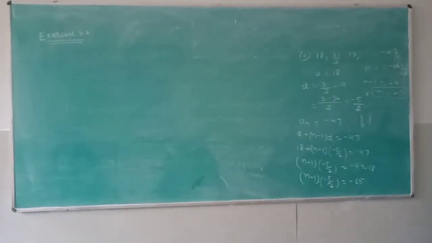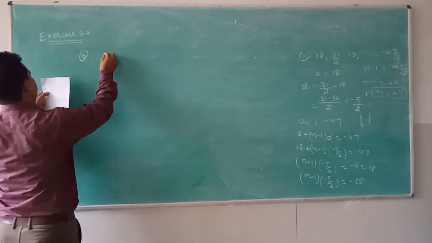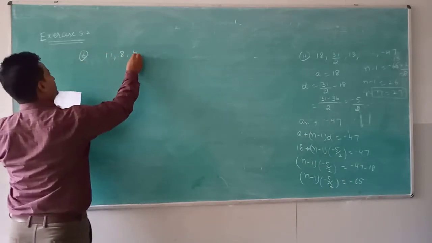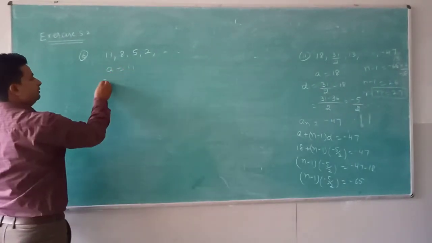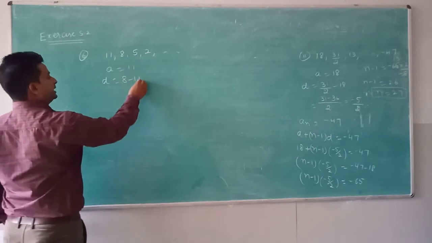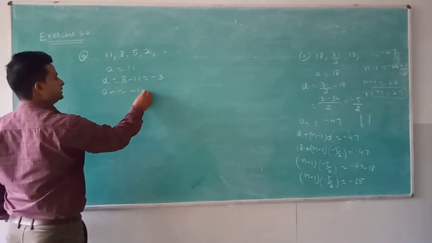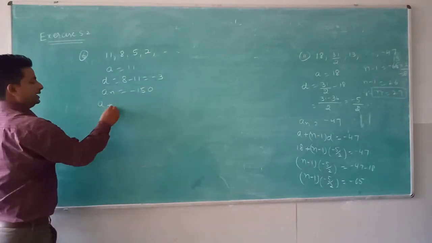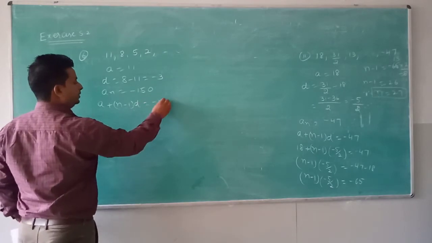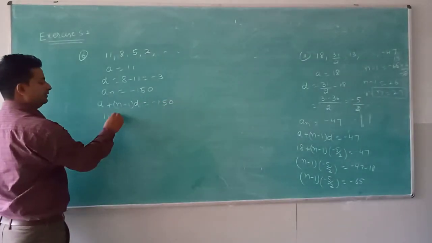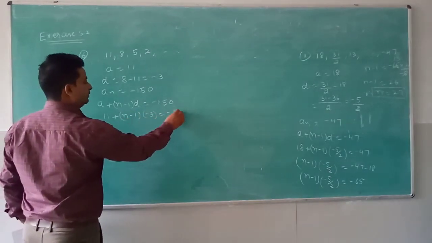In question number 6, check whether minus 150 is a term of this AP. This is the AP in which a is 11 and d is 8 minus 11, which is minus 3, and we take an as minus 150. As an is a plus (n minus 1) into d, the value of a is 11, d is minus 3.